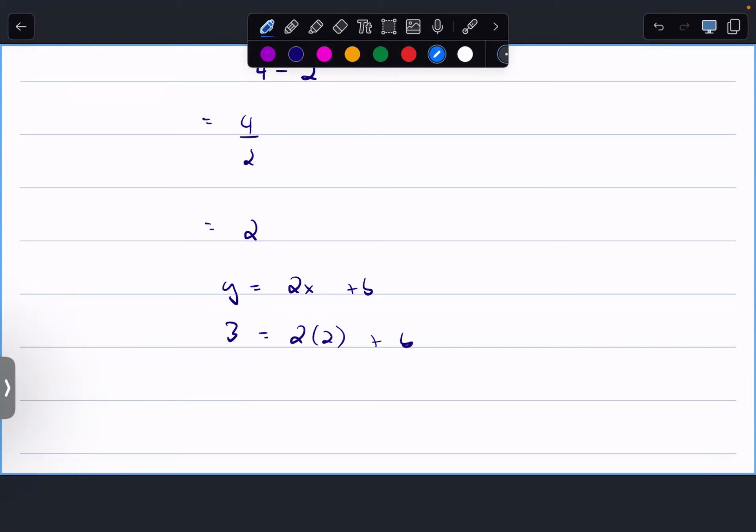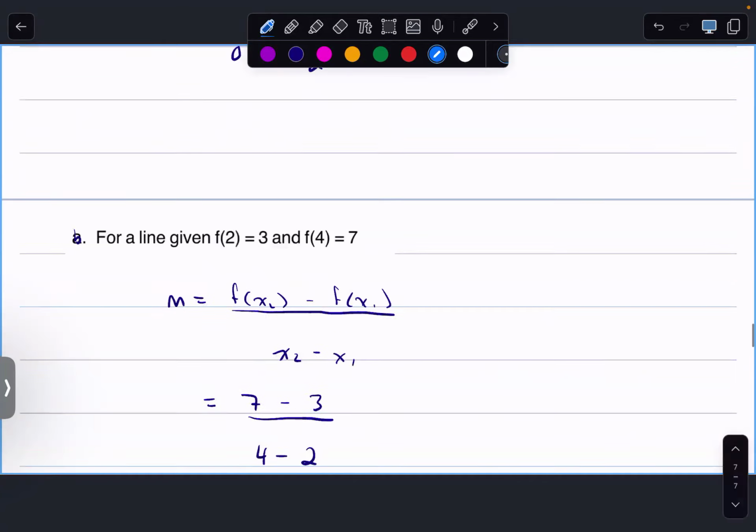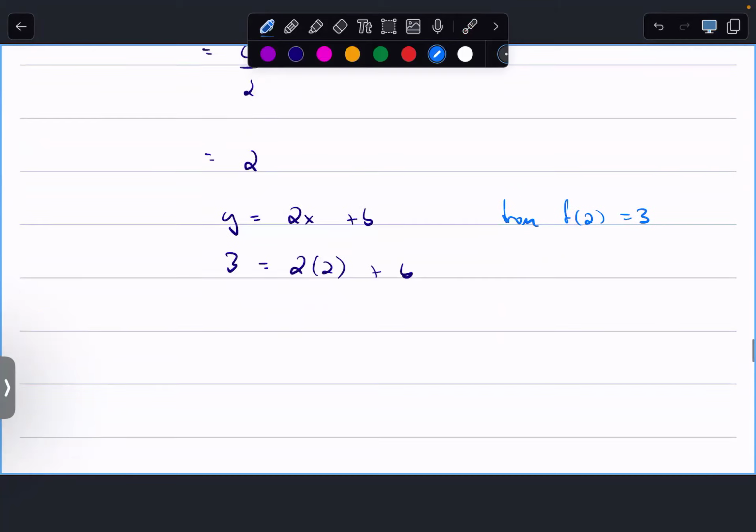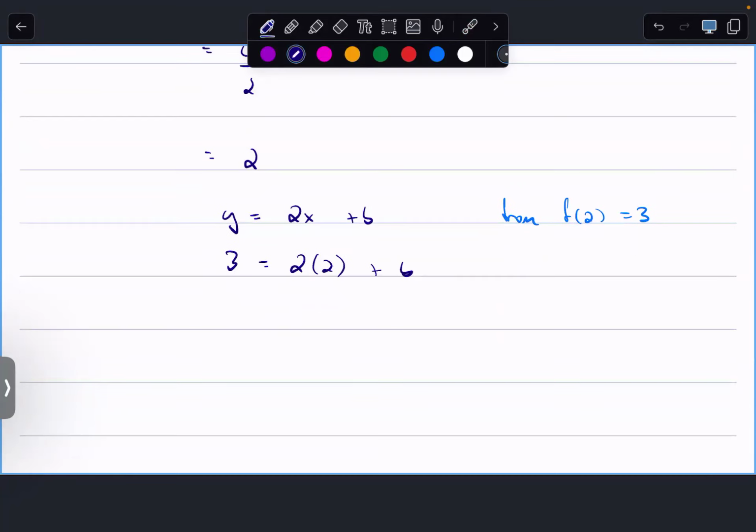I will do this from f of 2 is equal to 3. When x is 2, y is 3. So then I get 3 minus 4. b is 3 minus 4.